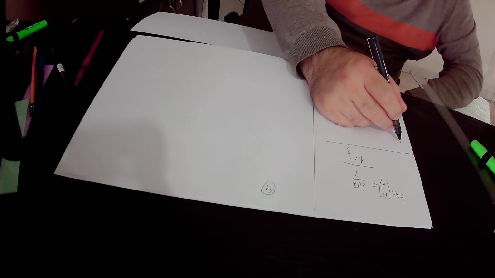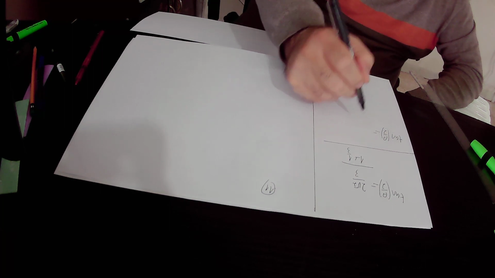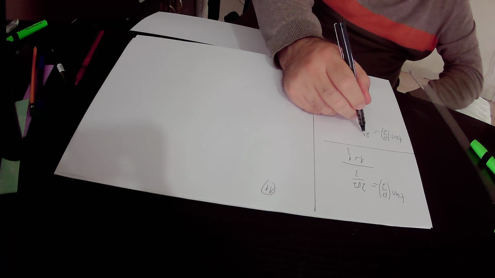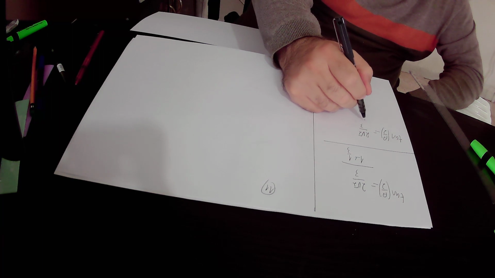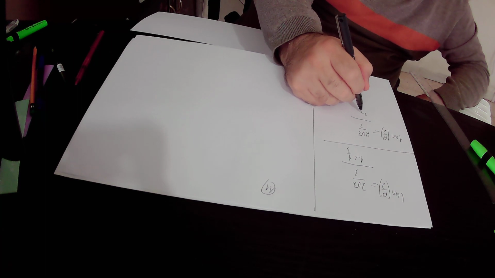And we will get that tangent theta over 2 is equal to 2 times square root of 2 over 3 divided by 3 plus 1 over 3.